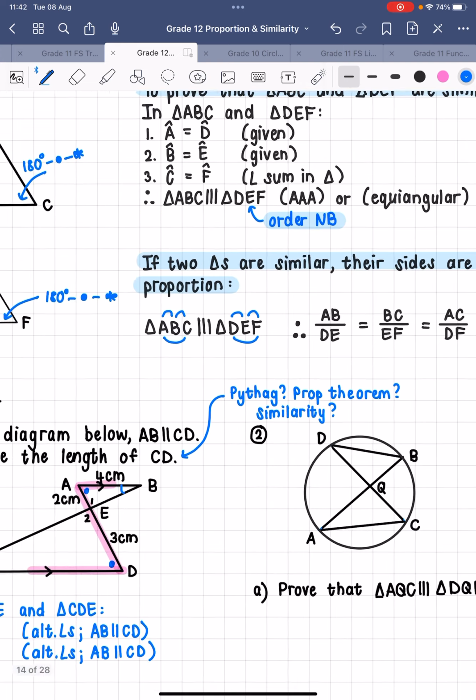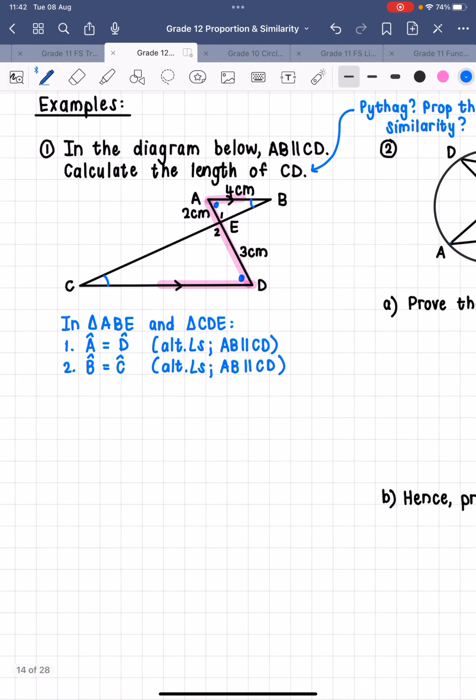Even if there is another way of proving them equal. For this one, I will write down both, but you can just choose the one that you want to write down. Right, so you could say vert opp angles equal, because that is actually a way of proving that they are equal, or you can just always, for your third pair of angles, say angle sum in triangle.